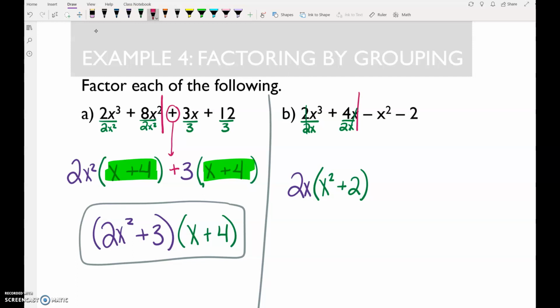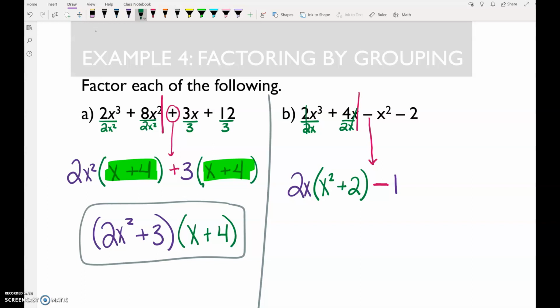That helpful hint, whatever symbol is in front of your third term, drop that symbol down. Okay, here's the problem. Negative x squared and negative 2. What do they have in common? They don't have anything in common except the negative and 1. If they ever don't have anything in common, they have 1 in common. You can always divide things by 1.